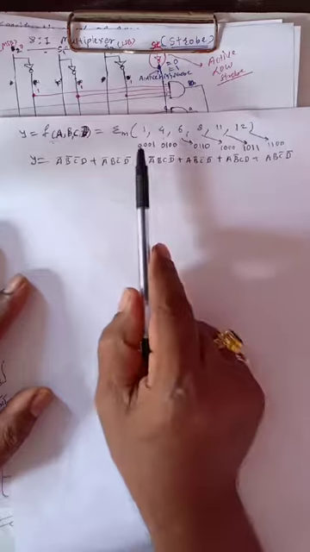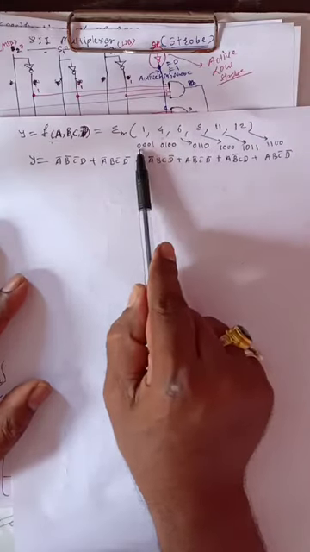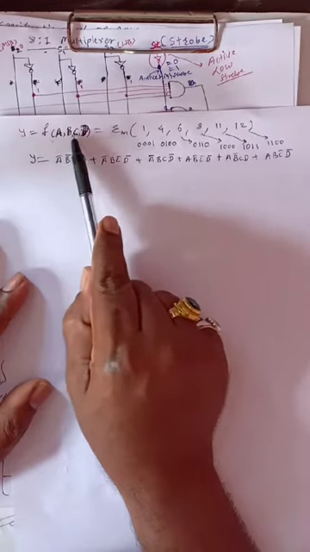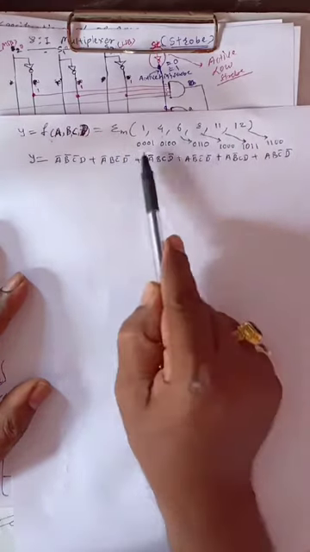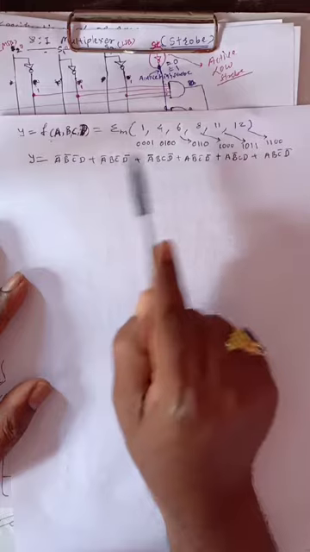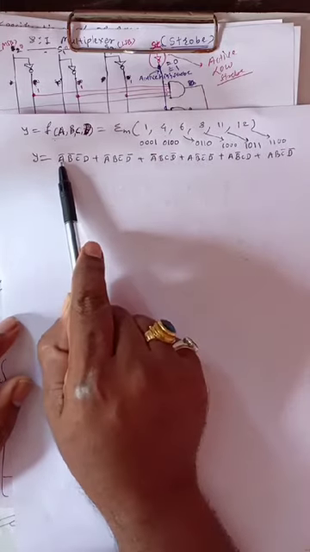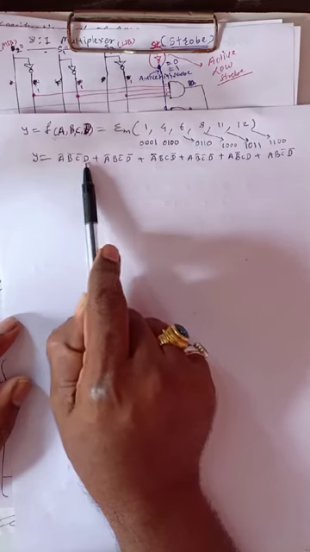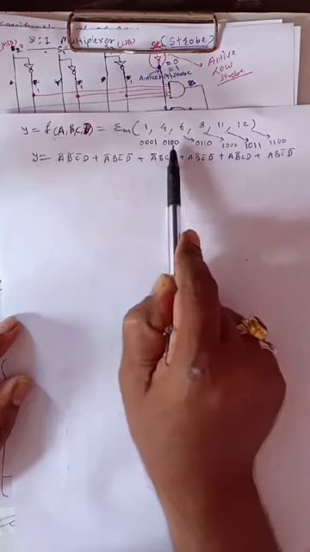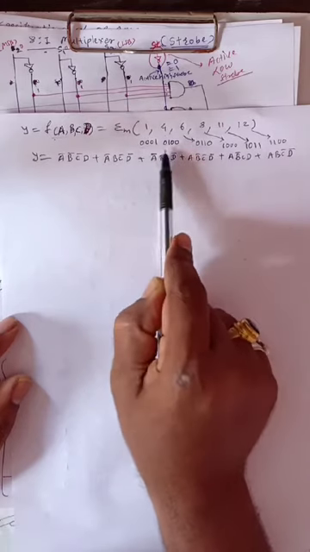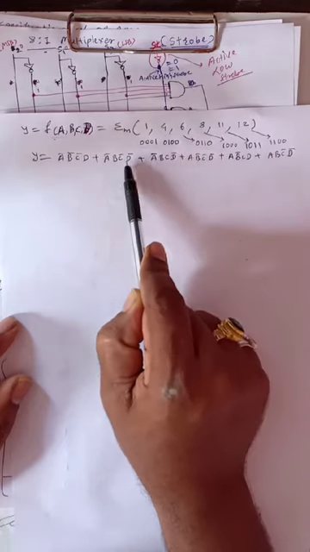Then you have to convert this into the Boolean format. How are we going to convert? For the variables A, B, C, D, a 0 means you have to write it inverted. So 0, 0, 0, 1 is A bar, B bar, C bar, D. Then 0, 1, 0, 0 is A bar, B, C bar and D bar.